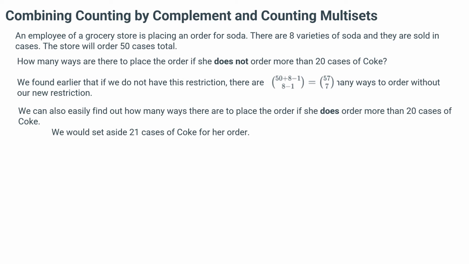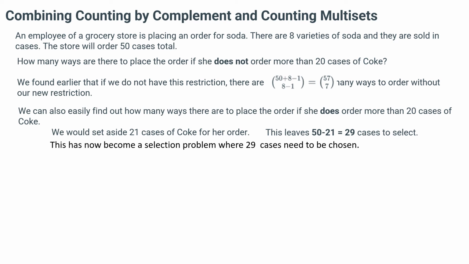So if she's going to order more than 20 cases, then let's have her set aside 21 cases of Coke. That way, for sure, she has more than 20 cases of Coke. So set aside 21. That leaves now only 29 cases for her to select.